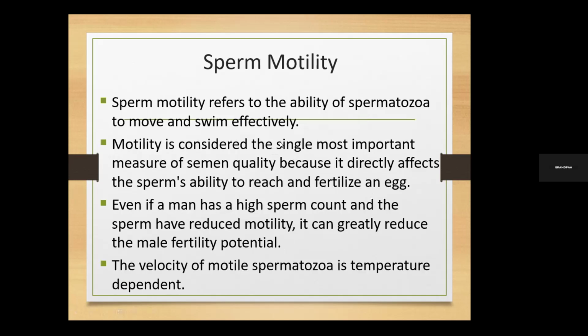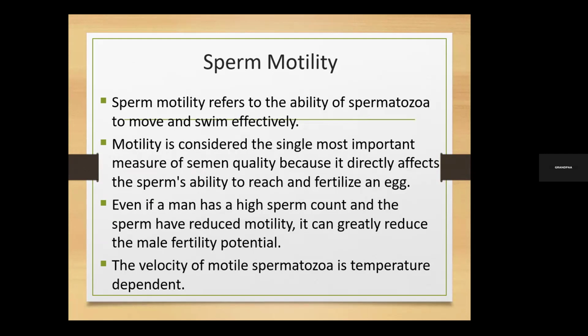It refers to the ability of the sperm to move and to swim effectively. There should be that element of movement and swiftness. It is considered the single most important measure of semen quality. This is what I was just talking about.